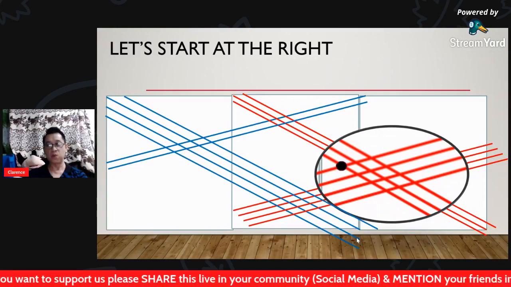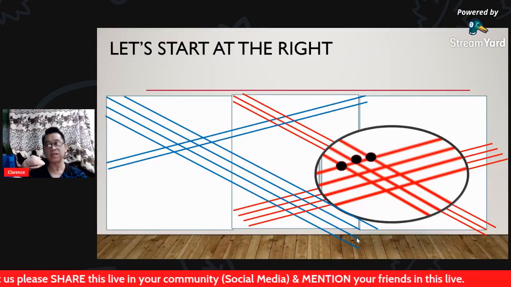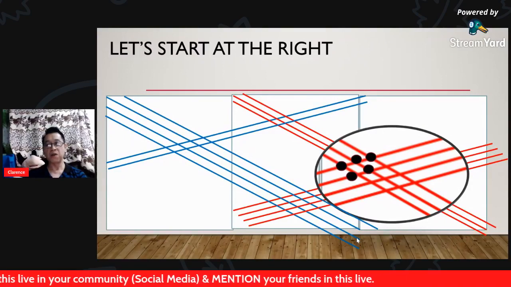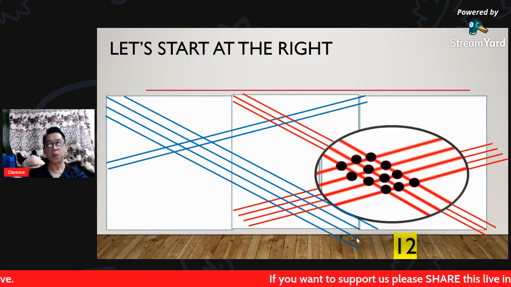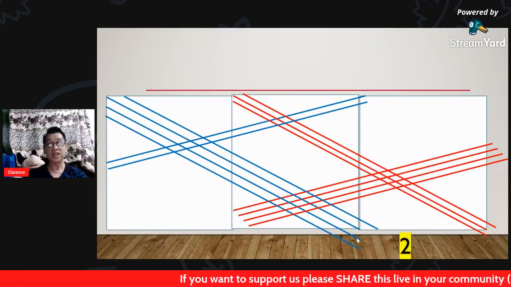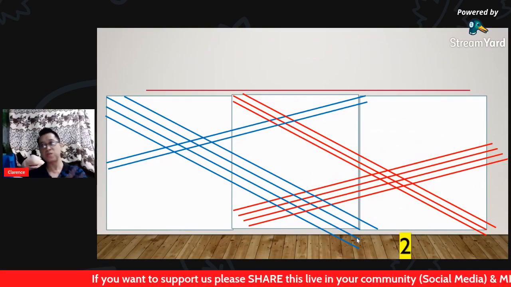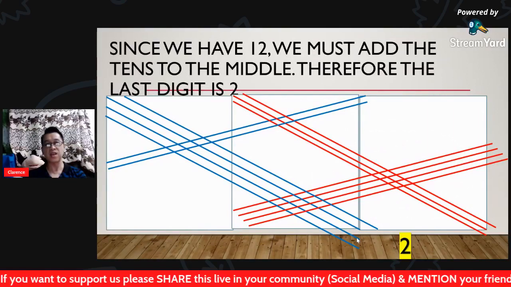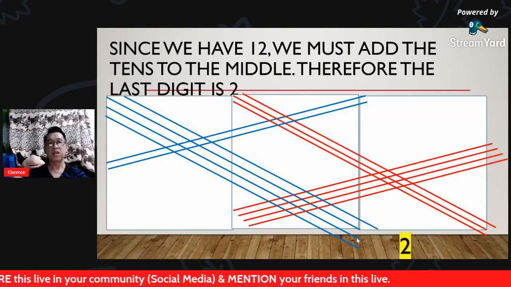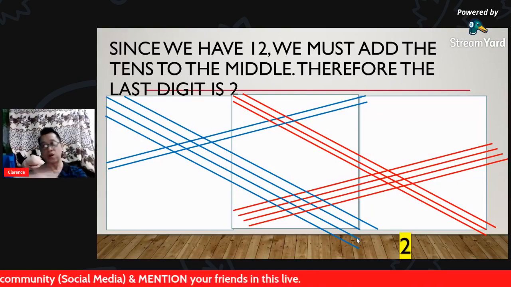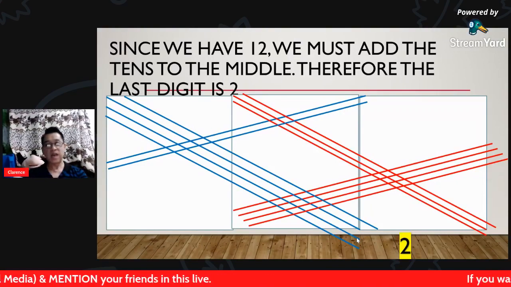So let us count the intersections. 1, 2, 3, 4, 5, 6, 7, 8, 9, 10, 11, 12. So we have 12. And since we have 12, we just bring down 2 and then we just add the tens to the middle. So the remaining digit is 2.